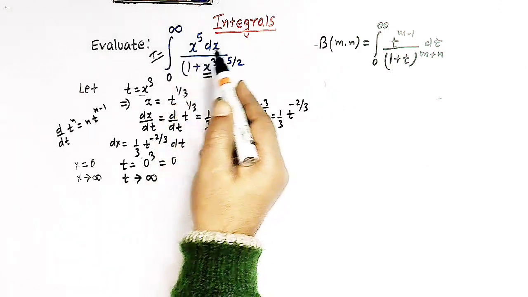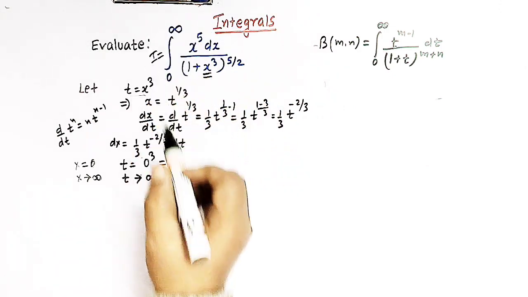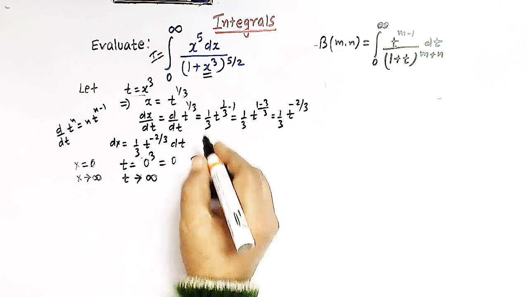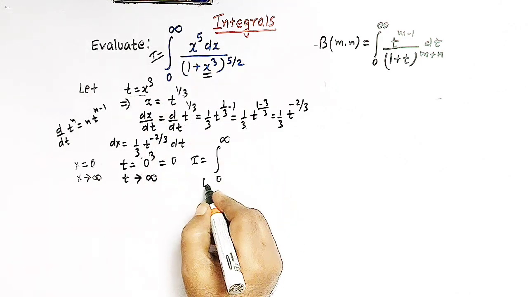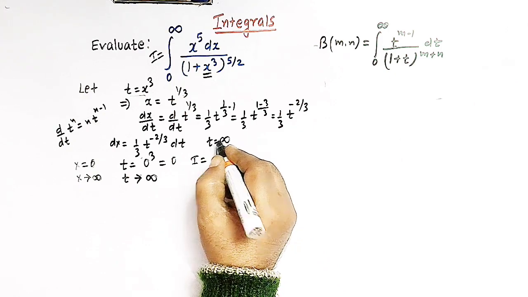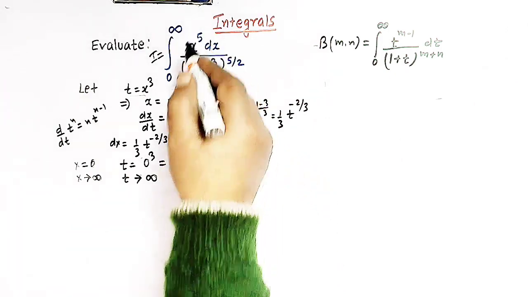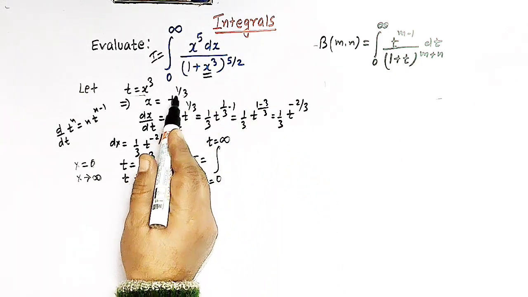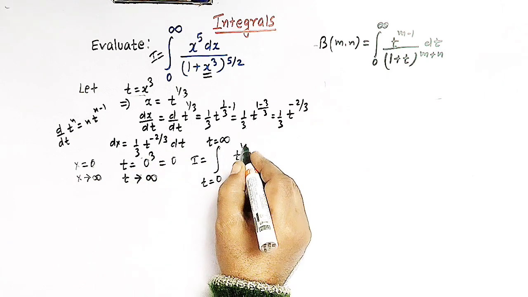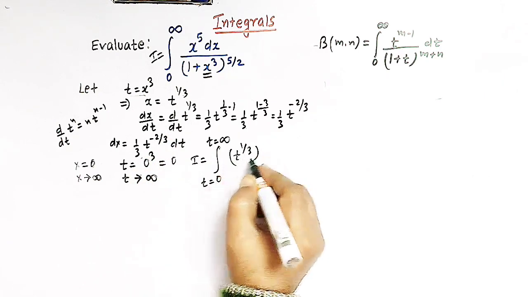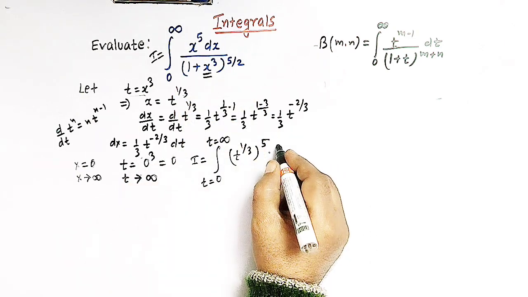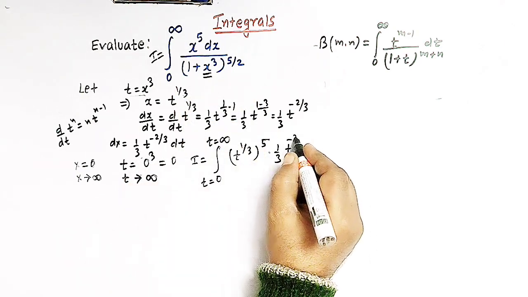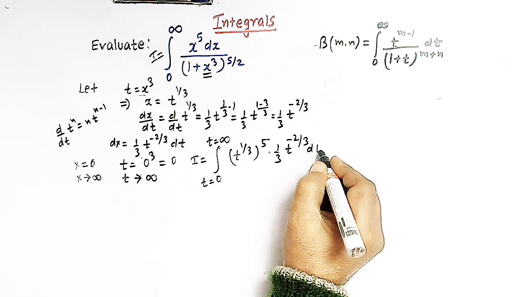So now let us write this integral I in terms of t. So we can now write 0 to infinity, and then we have x raised to 5, where x is t raised to 1 over 3. So we have t raised to 1 over 3, all raised to 5. For dx, we can now write 1 over 3 t raised to minus 2 over 3 dt.